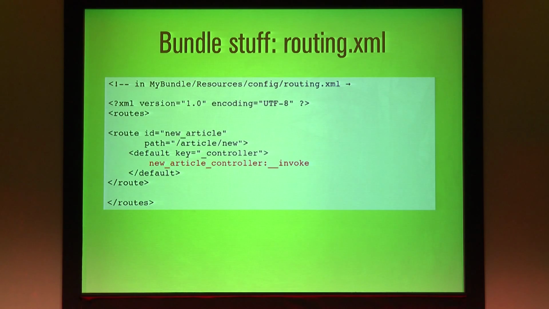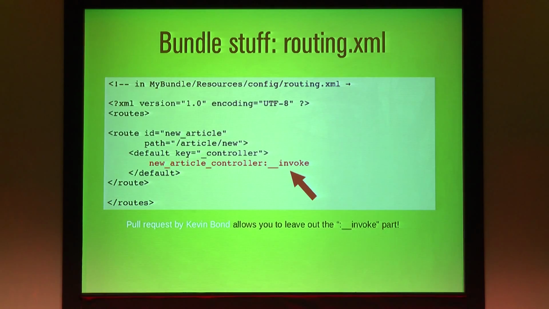I didn't know it before I was first trying the XML stuff. Just like the YAML routing is very easy to use, this looks more complicated, but again, it's much nicer. So what you have to do is to add the default key controller and provide the name of the service and the method that should be called once this controller should be executed by the framework.